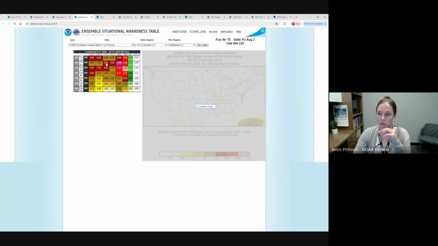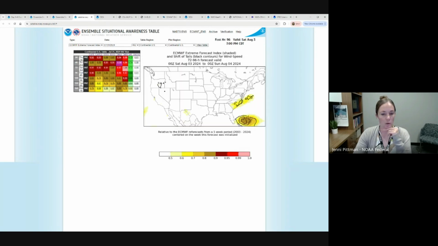So fortunately, we don't see a signal for these anomalous 10-meter wind gusts on a broad scale in the West during that period of extreme heat. So lots of different things you could look at here. QPF as well. We're looking at dry conditions and hot conditions, so we're not concerned about that. But QPF is also something that you could be looking at if you were more concerned about severe weather, or if we were focusing a little bit more on the eastern portion of the US during this period.